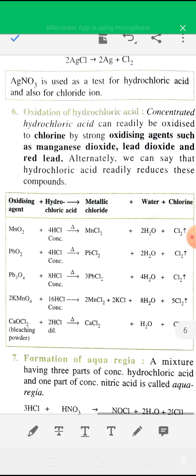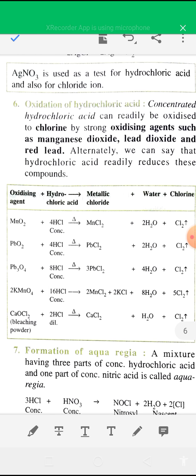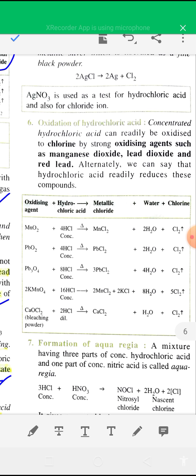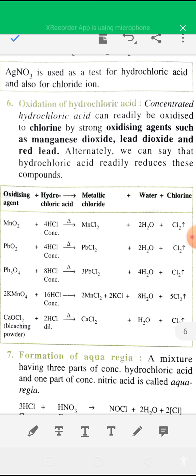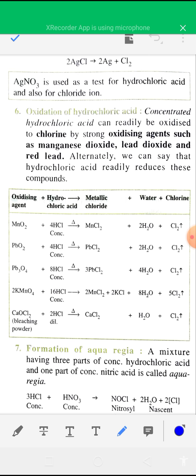And oxidation of hydrochloric acid is given. When oxidizing agents like MnO2, PbO2, Pb3O4, KMnO4, CaOCl2 are treated with hydrochloric acid, you will get chlorine gas, water, and metallic chloride. So when MnO2 is treated with HCl, you will get MnCl2, water, and chlorine, Cl2.